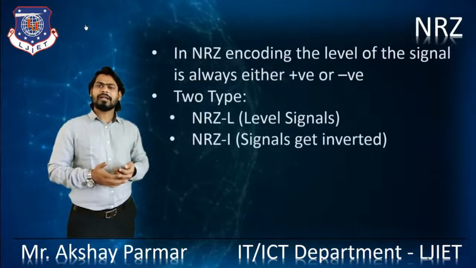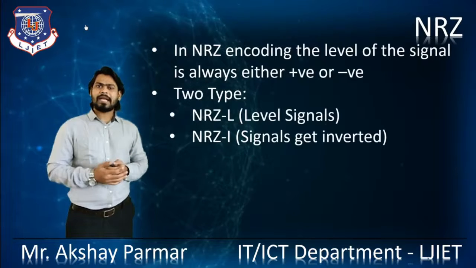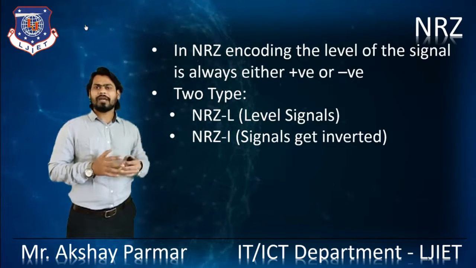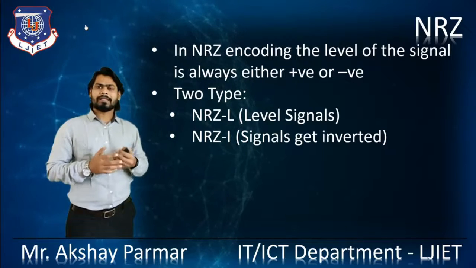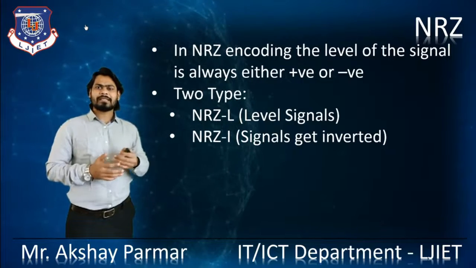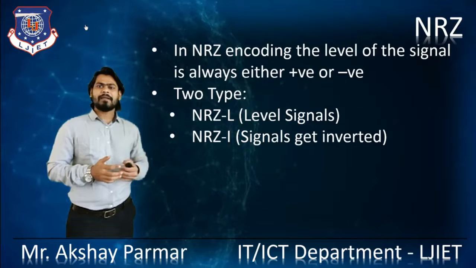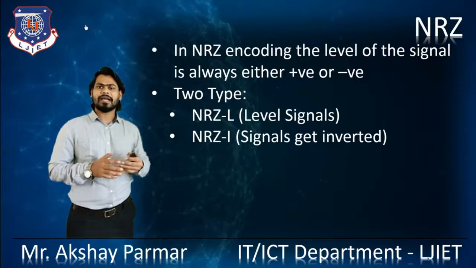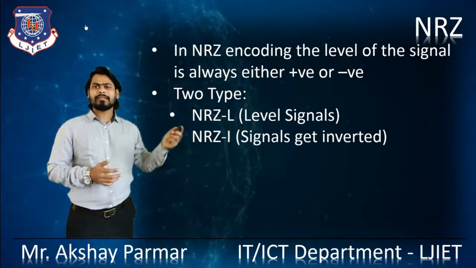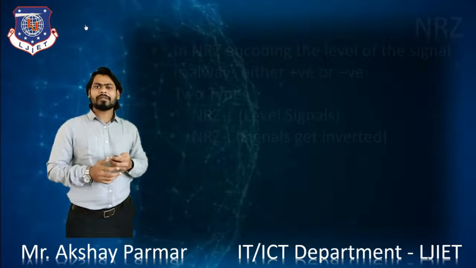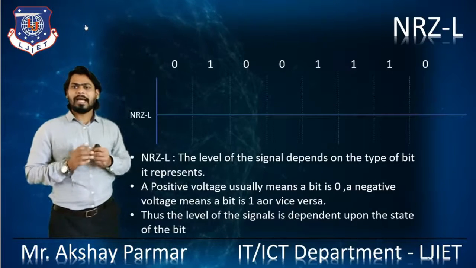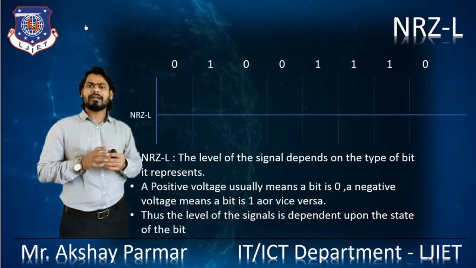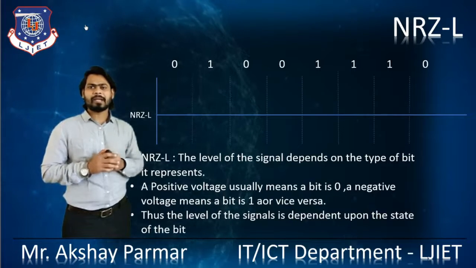NRZ, non-return to zero. In NRZ encoding, the level of the signal is always either positive or negative. Polar NRZ has two subtypes, NRZ-L and NRZ-I. Here L represents level signaling and I represents that the signal gets inverted. In NRZ-L, the level of the signal depends on the type of bit it represents.